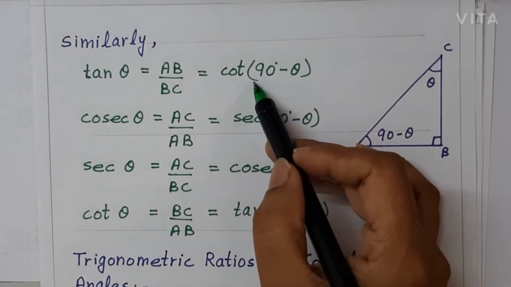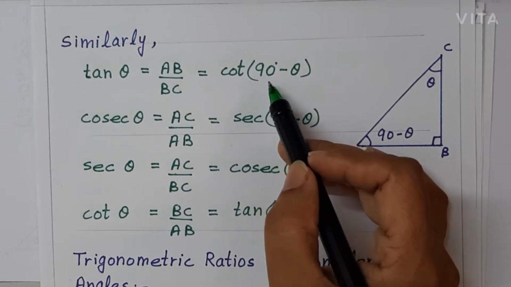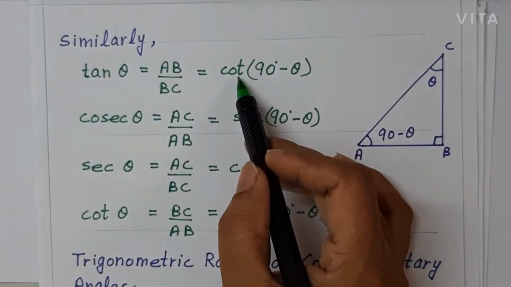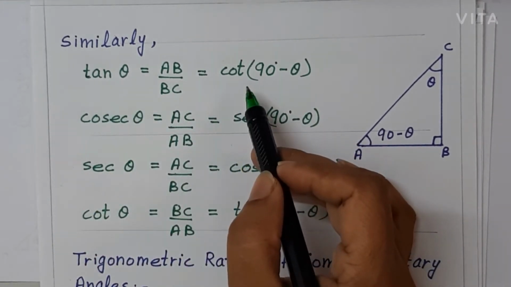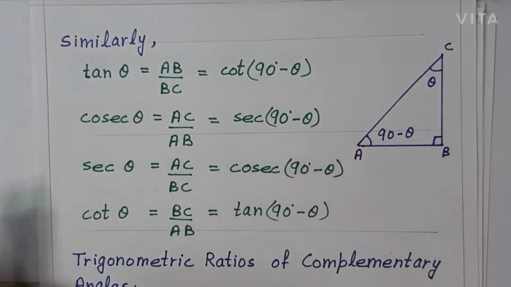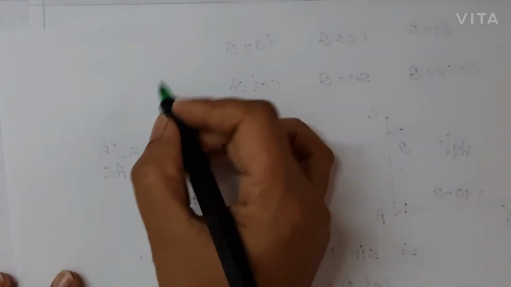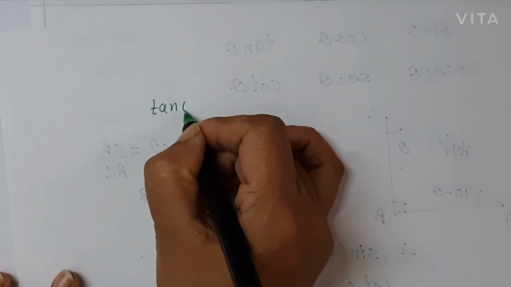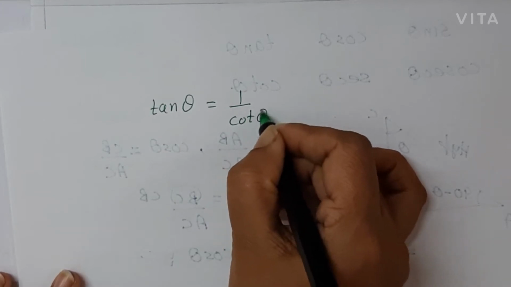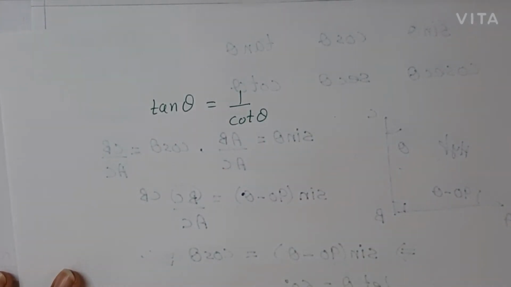That is also equal to cot 90 minus theta. Students, we know that tangent and cot, they both are reciprocal to each other. That is, tangent theta is equal to 1 upon cot theta. Is it clear to everyone?